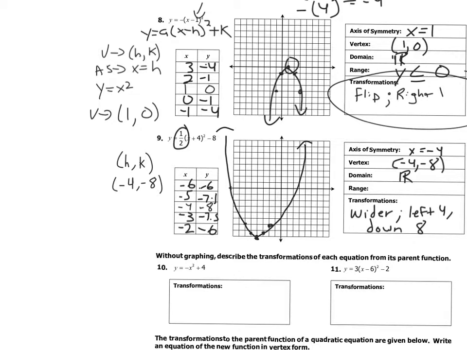All right, might have made it a little too wide, but that's it. That's your graph. So it's going to be wider, or a compression. It's going to go to the left 4 and down 8.